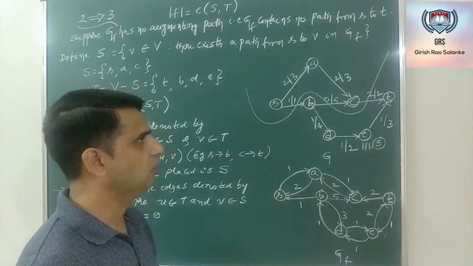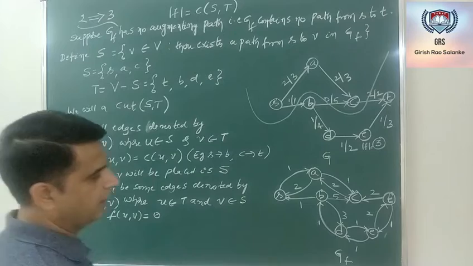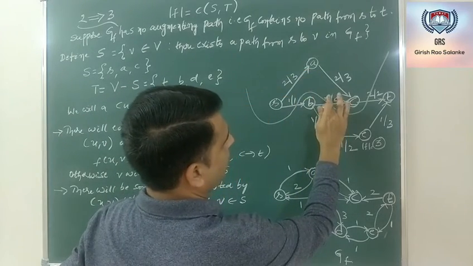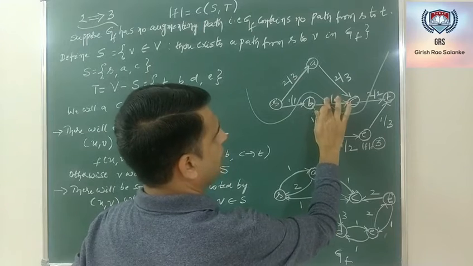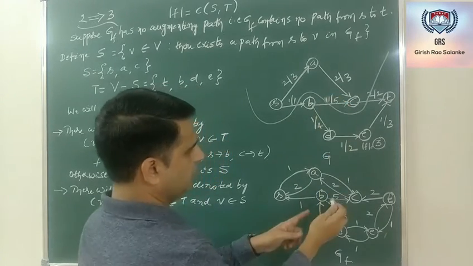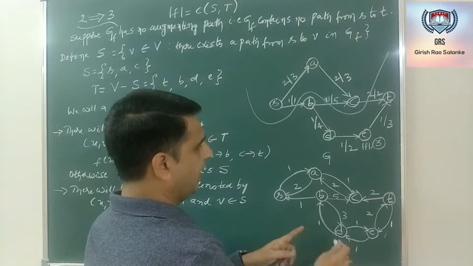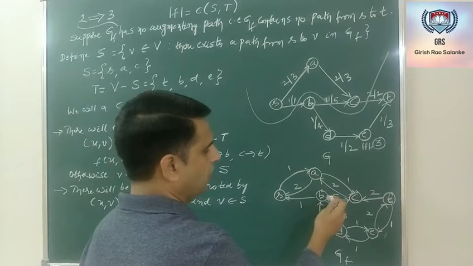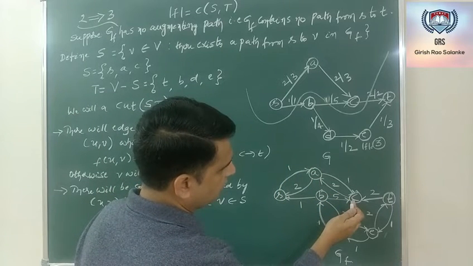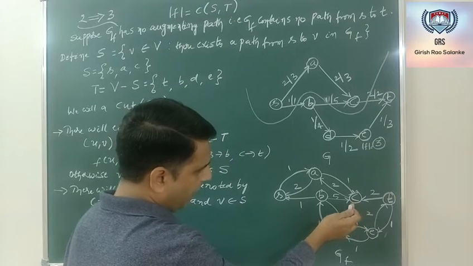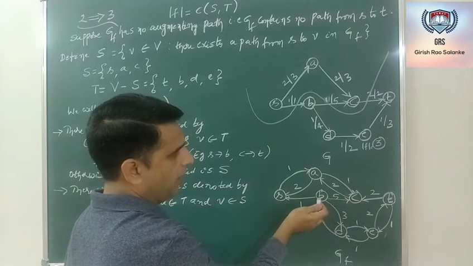If this is not true, let me assume that I'm having the flow of this as 1. Now what happens if I have a flow of this as 1? Now in this case, in the residual graph, I can have a forward edge as well as a backward edge, with a forward edge with a cost of 4 and a backward edge with a cost of 1.